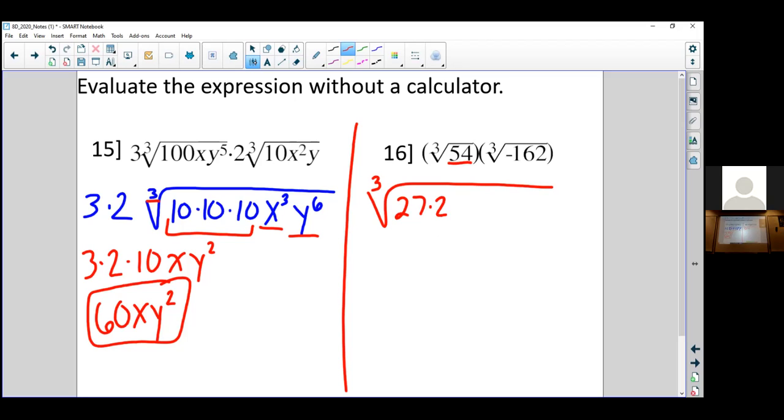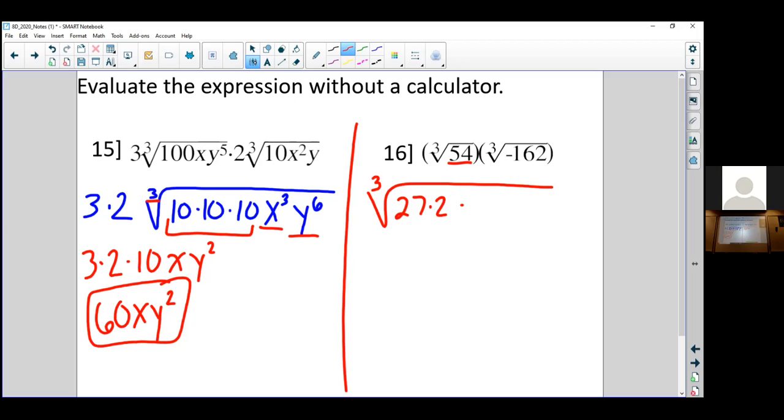27 is the same thing as 3 times 3 times 3, yes? Okay. All right. We have this negative, and I know I can have a third root of a negative number, yes? Ooh, 162. Let's see. 4 times 4 times 4 is 64. 64 times, is that going to work?